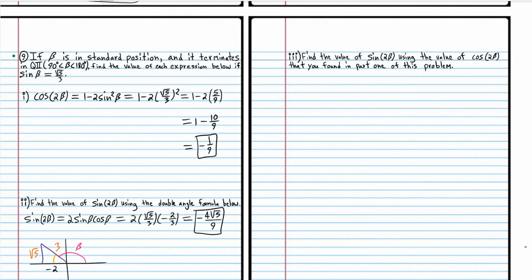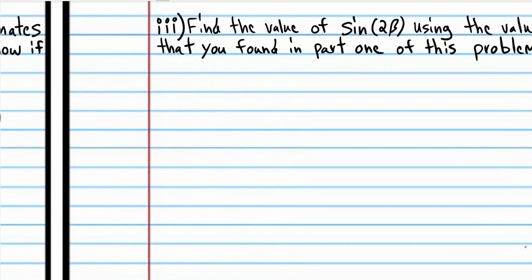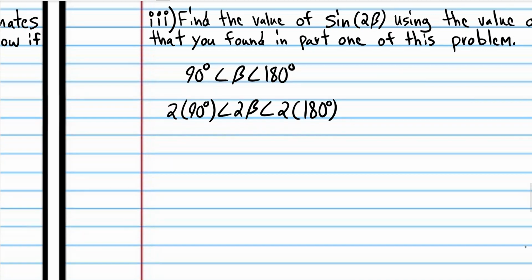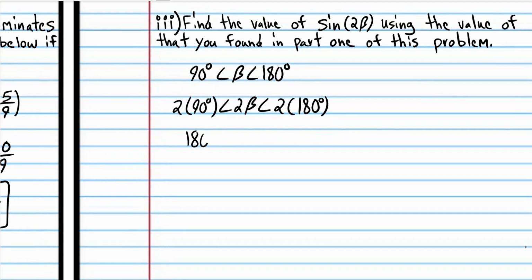It's between 90 degrees and 180 degrees. So we're interested in 2 beta. So we're going to multiply everything by 2 to get a feel for where 2 beta would terminate. And we see that 2 beta is between 180 degrees and 360 degrees.